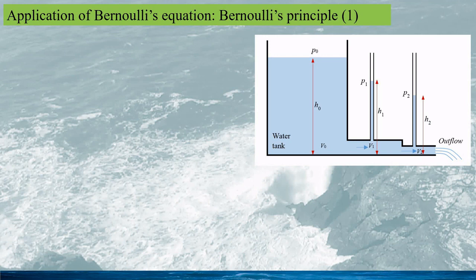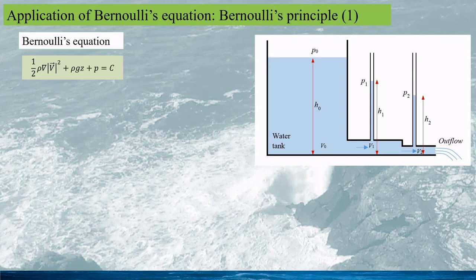For a simple application of Bernoulli's equation, for the example in the figure, we can take the tank bottom as a reference height, for which z would be a constant in Bernoulli's equation.